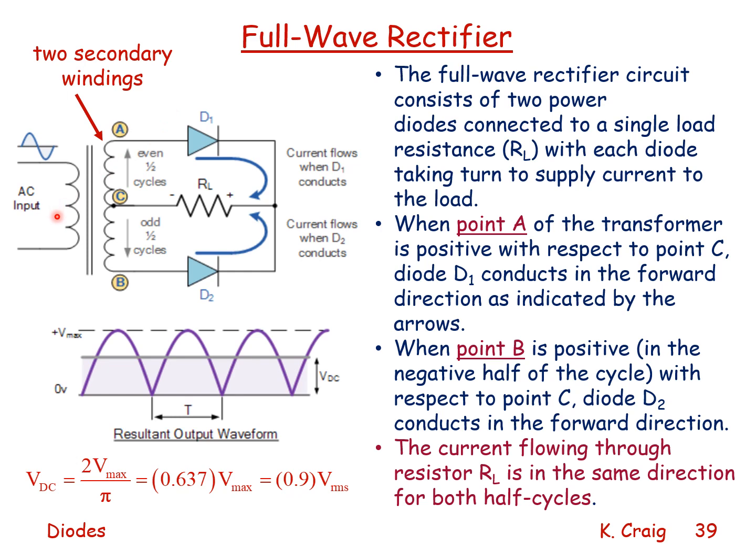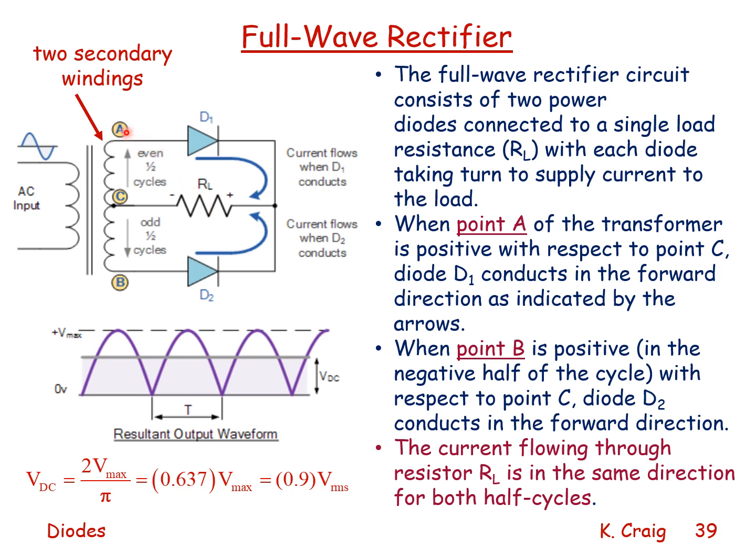Our AC input, two secondary windings, two diodes, current flowing in the same direction through the load resistance during both half cycles. The full-wave rectifier circuit consists of these two power diodes, D1 and D2, connected to a single load resistance, RL, with each diode taking turn to supply current to the load.